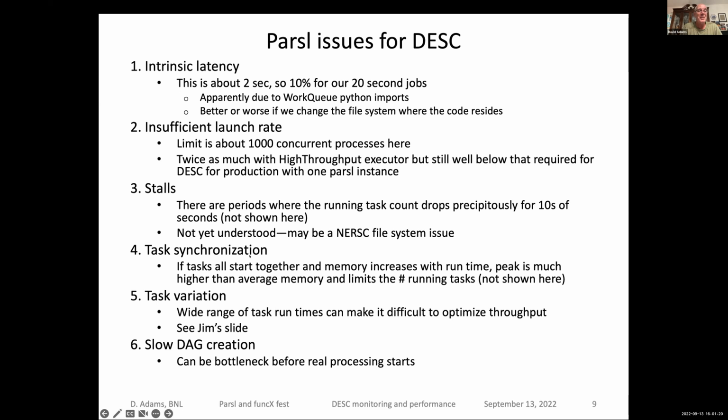Task synchronization, again, I didn't show this, but when we start all of our tasks together and they run for about the same amount of time and the memory grows for all the tasks, then the memory grows with time, and then it drops off when the job is finished, and it grows and drops off again. So where we're memory limited, which is often the case, we're limited by the peak when all the jobs are coherent, which would be much higher than the average memory if we could spread them out.